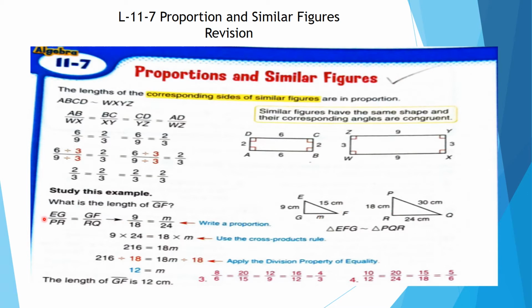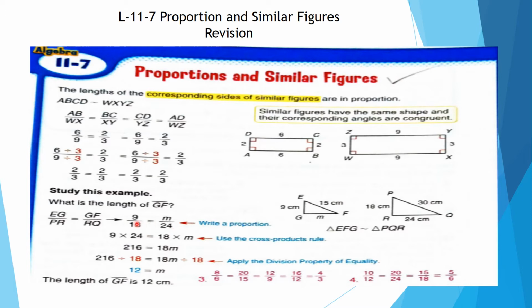Then you can see EG is 9 and PR is 18. GF is M and RQ is 24. Then M by 24. This is like a proportion you can write.